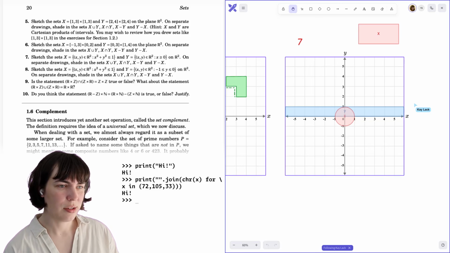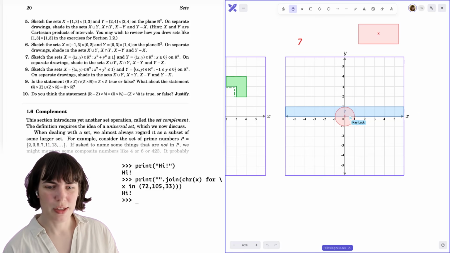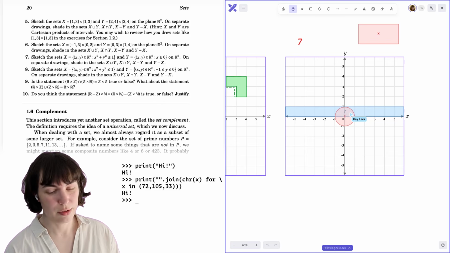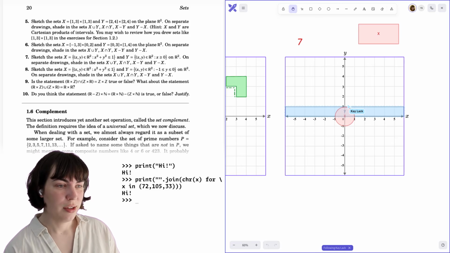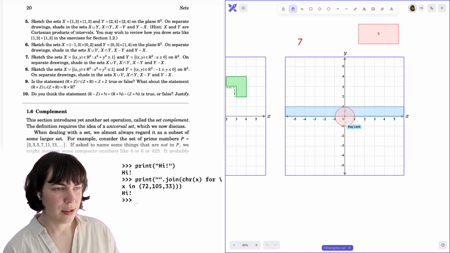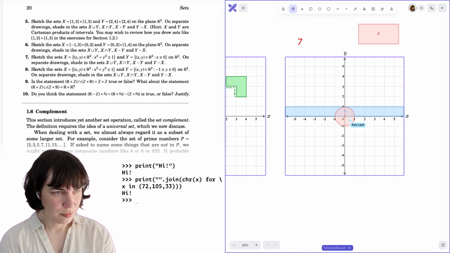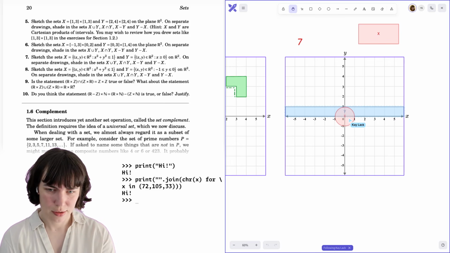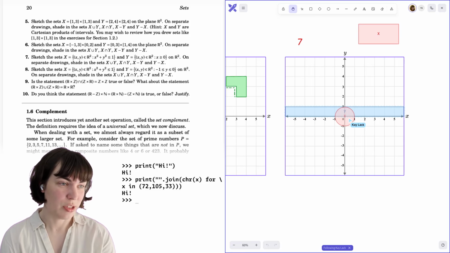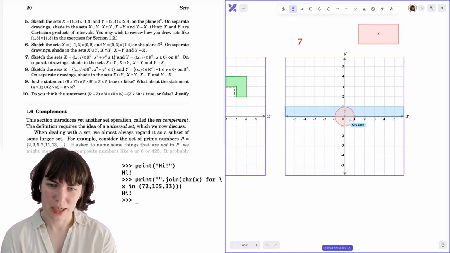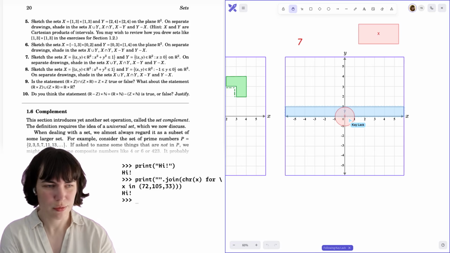And in that case, the union will look like this basically. The intersection will look just like a semicircle. X minus y is going to look like the other semicircle, and then y minus x is going to be like a cutout shape.